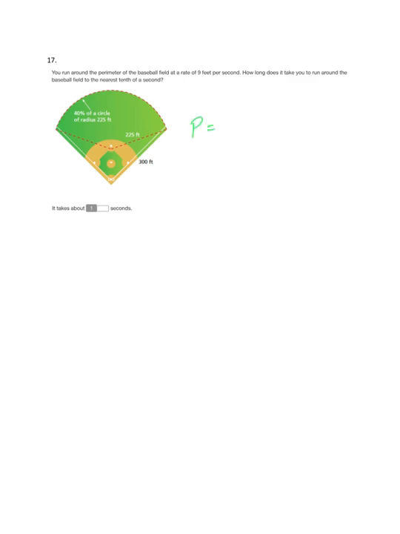So first we need to figure out what is the perimeter. So it looks like our perimeter will be 300 plus this arc plus another 300. That will get us all the way around. So 300 plus, we have 40% of a circle with a radius of 225 feet.